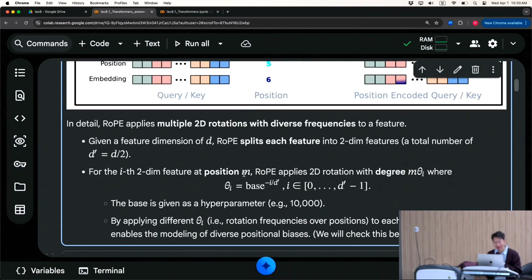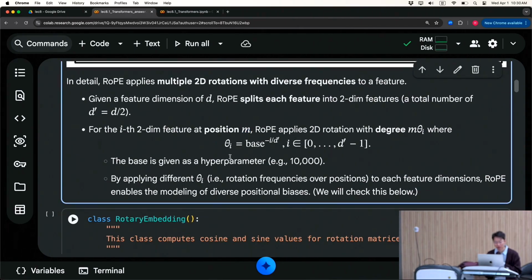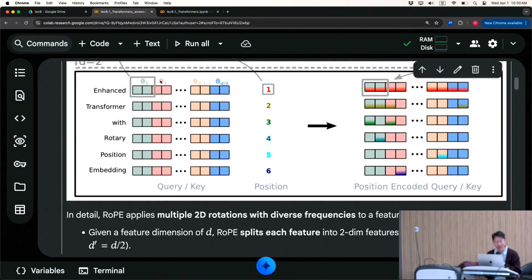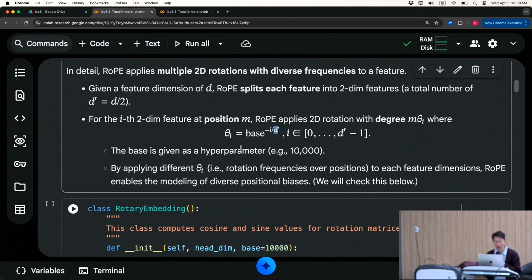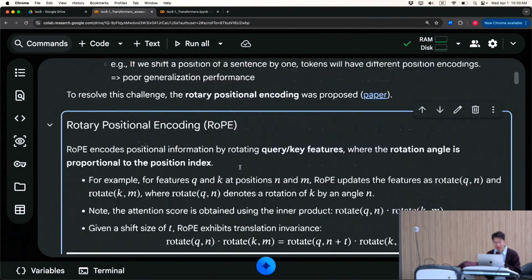And in addition to this position-sensitive rotation amount, we multiply by this theta, which is sensitive to the location in the feature index. So the rotation amount is actually... do I have an equation somewhere?